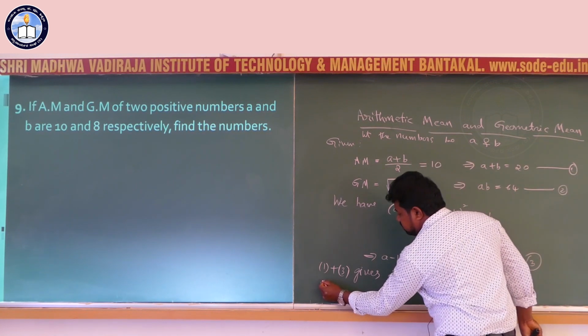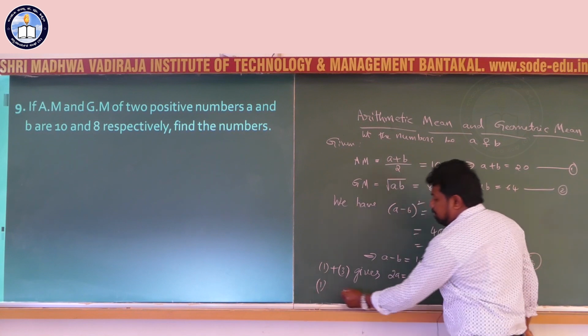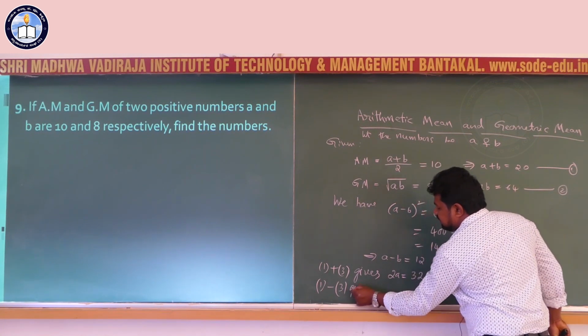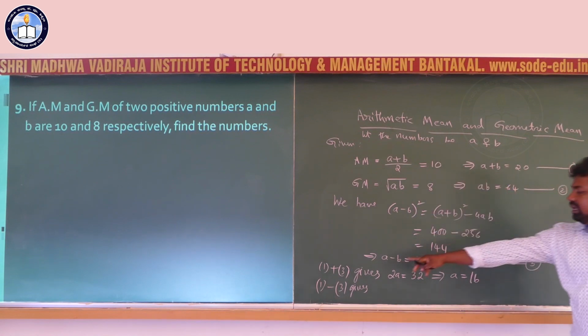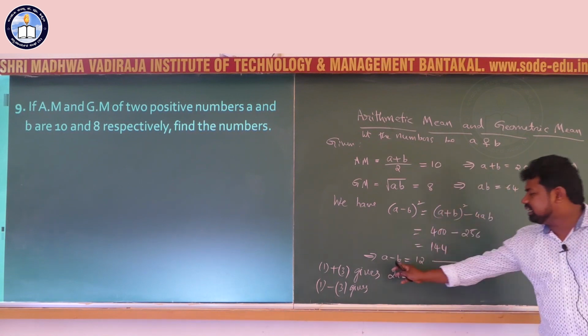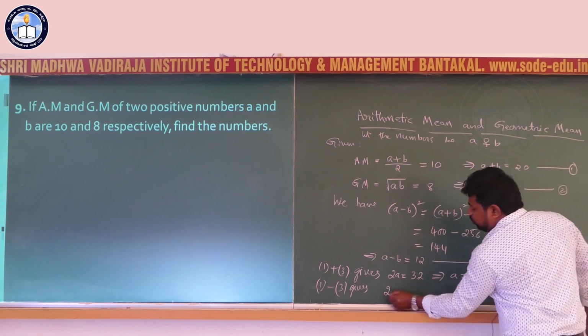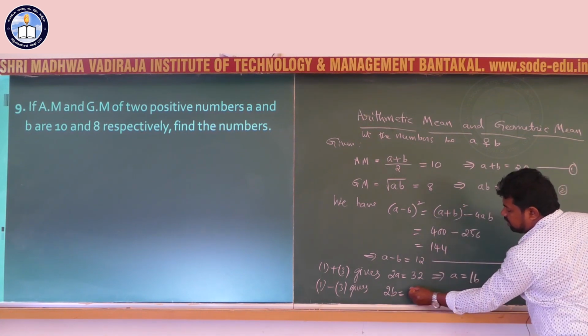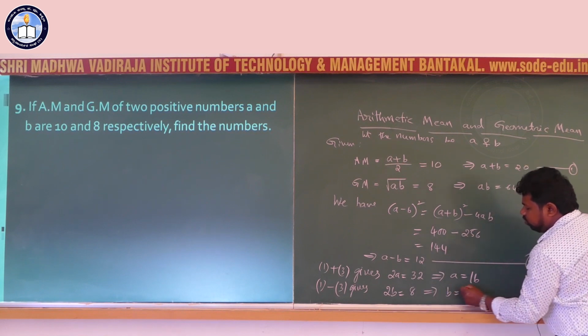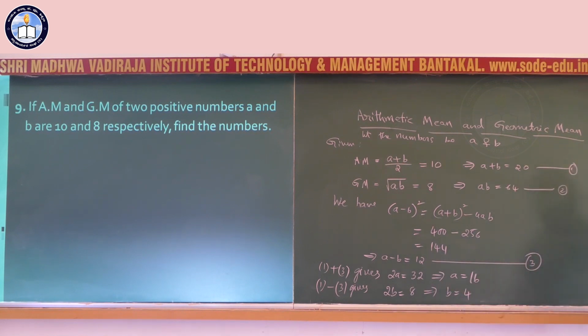Equation 1 minus equation 3 gives, a minus a cancel, b minus into minus plus b. So 2b equal to 20 minus 12, 8. It implies b equal to 4. Therefore the numbers are 16 and 4.